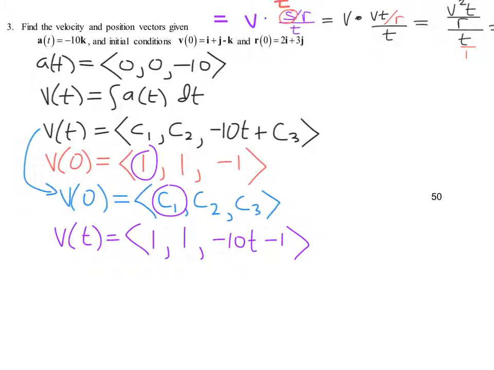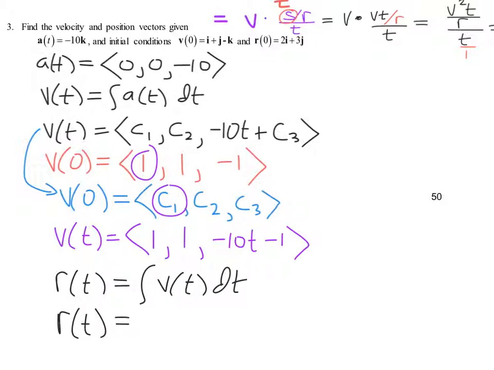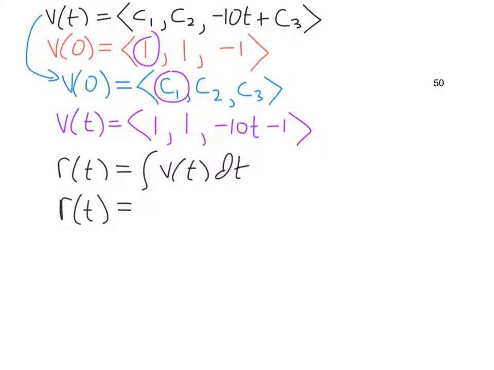All right, so then next up is the idea that position, r of t. All right, so we have to anti-differentiate v of t. So we're looking at r of t as being, let me just slide it up, t plus, now since we've already solved for C1, C2, C3 in the previous context, we're free to use C1, C2, C3 again.